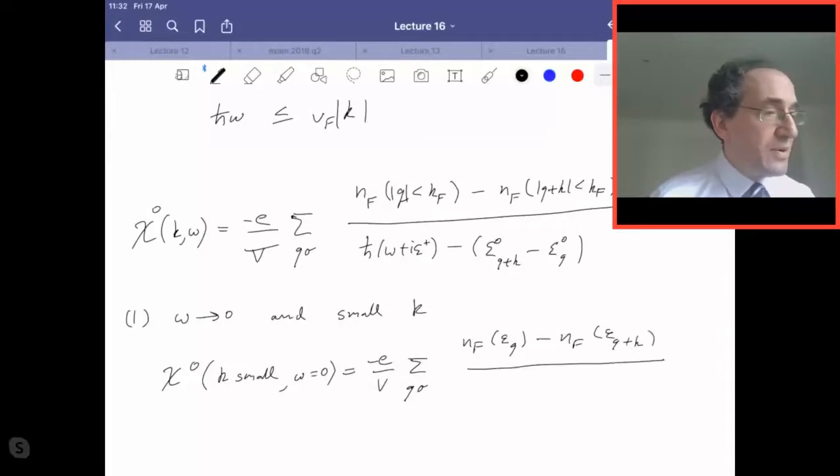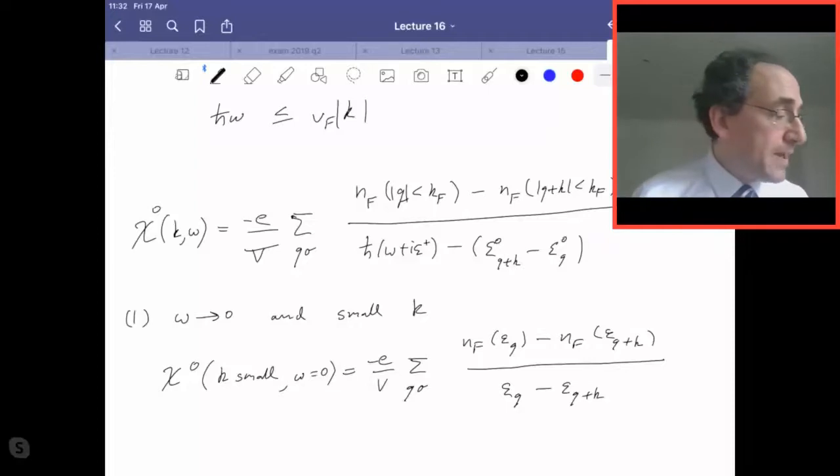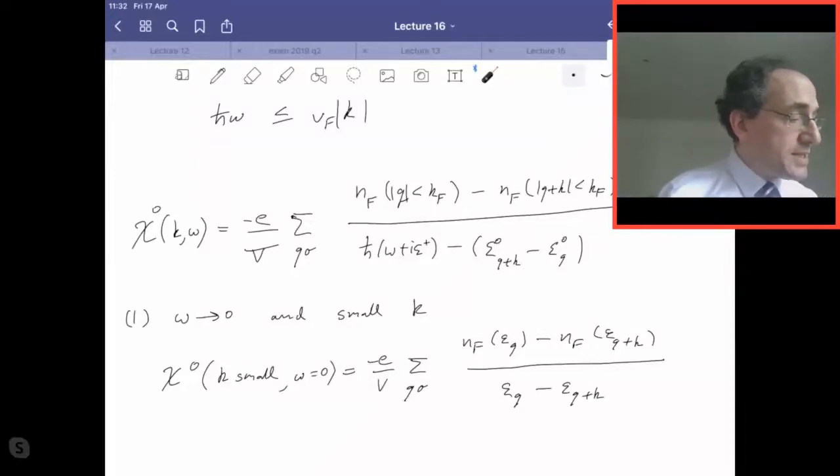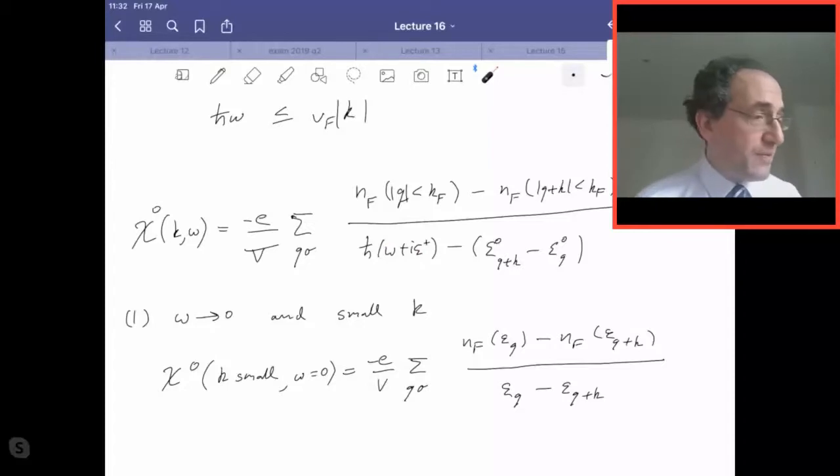And then the only thing that we have left in the denominator is epsilon q minus epsilon q plus k. Okay, so I threw away the omega piece, and I'm assuming I can get rid of the i epsilon. We'll put it back if we need it.